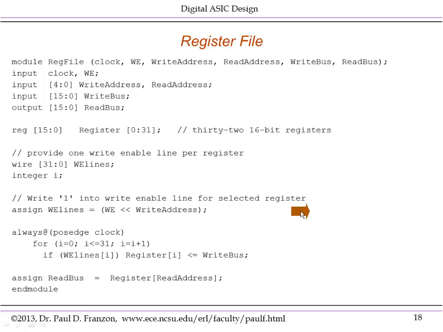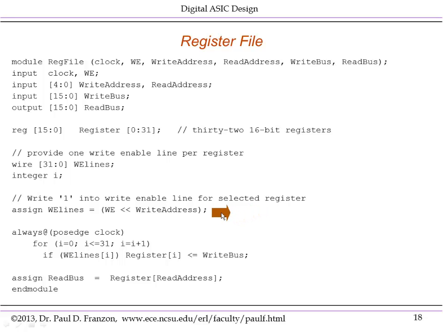Here's our logic internally. First of all, what we're going to do is produce address lines, 32 of them, one for each register. The idea is if W lines is high for that register, we'll write to that register.